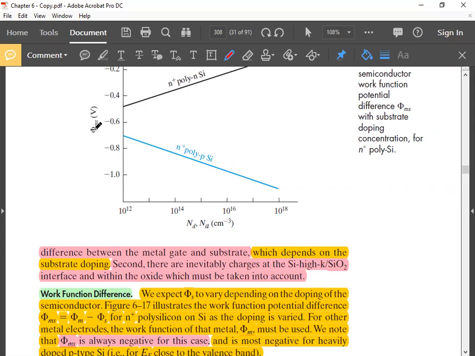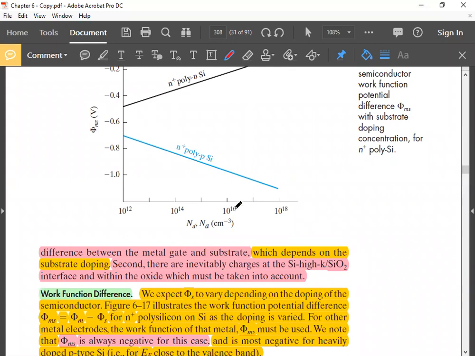Here phi m represents the work function of n plus polysilicon, and phi s represents the work function of p-type silicon. So this phi ms will become more and more negative with increasing acceptor concentration in the p-type semiconductor. Okay, that is like this.